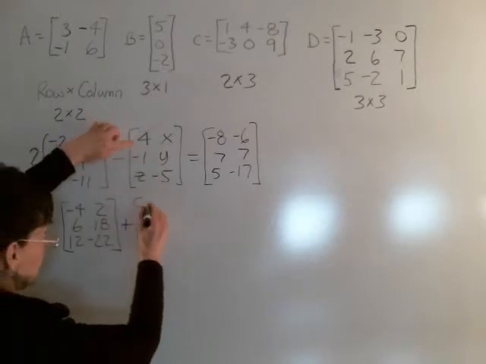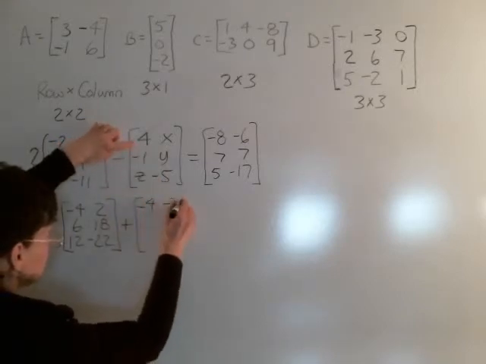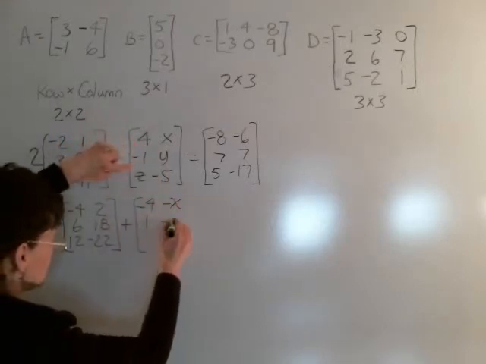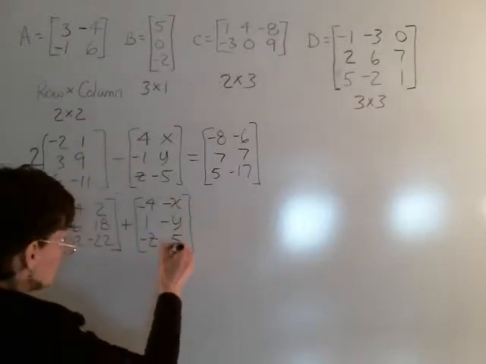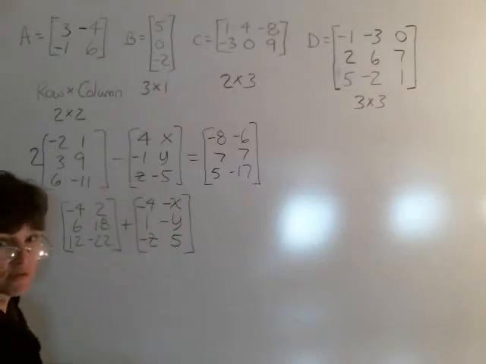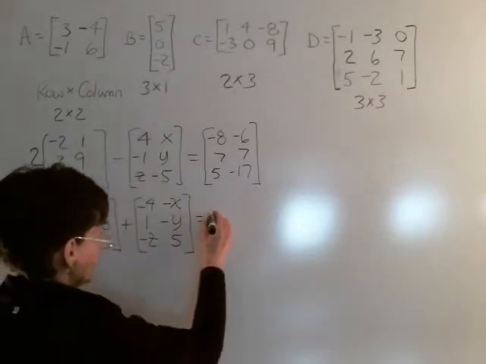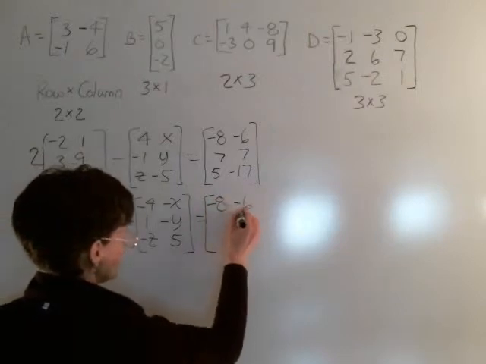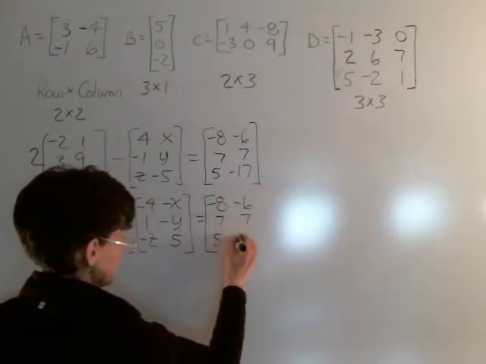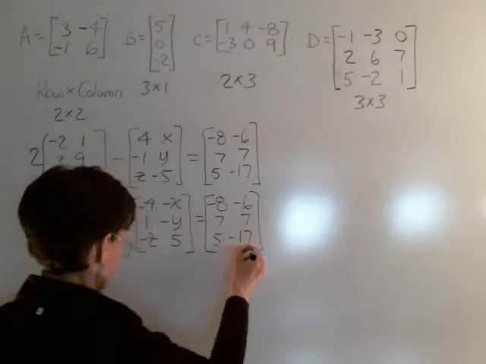So this will be -4, -x, +1, -y, -z, +5. I just distributed that negative sign to every member of that matrix. And then that equals -8, -6, 7, 7, 5, -17.